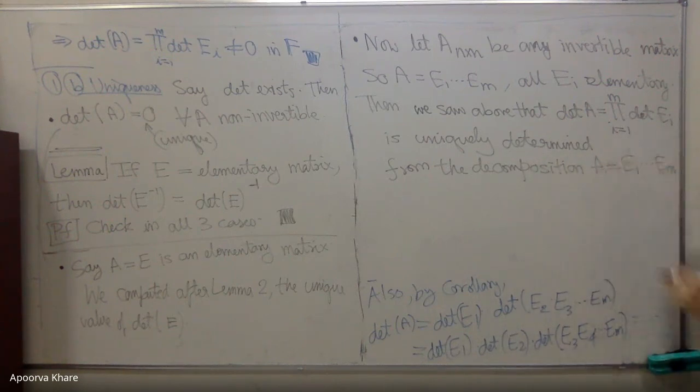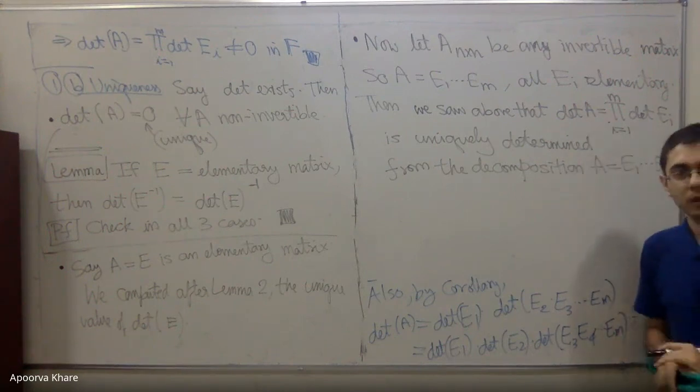So the moment I write my matrix A in this fashion, my determinant value is uniquely determined.